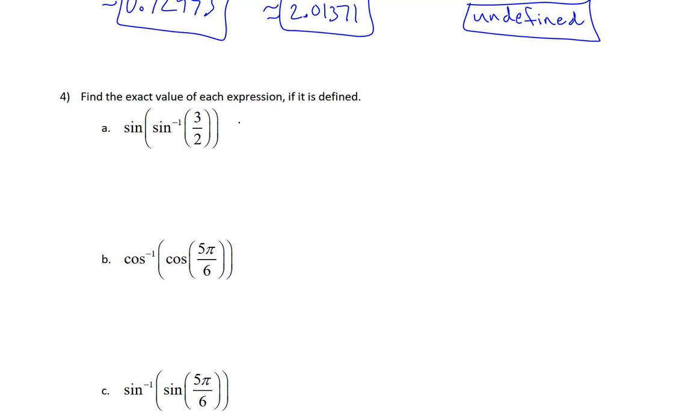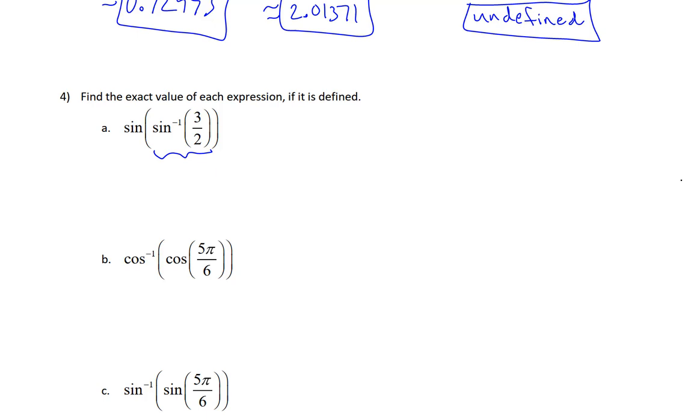Now, I'm going to suggest a process that will get us through this carefully enough, and that is we want to start focusing on the inside of the first set of parentheses. So you'll notice it was sine of sine inverse of. Well, let's just look at what's inside the first set of parentheses. That was the sine inverse of 3/2.